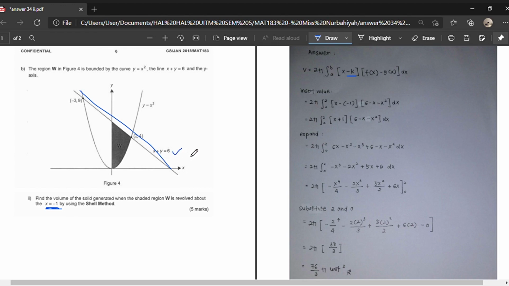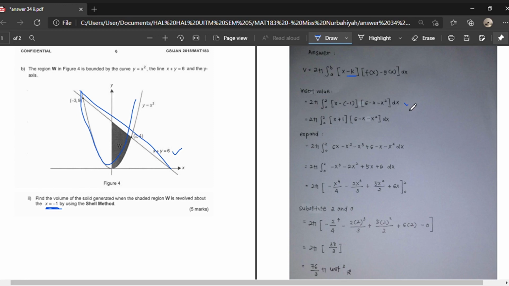This is for f(x), and for the g(x), we can look for the curve, which is y equal to x squared. From the formula, we can proceed with the steps, which is firstly we need to insert the value that we already found for k, f(x) and also g(x).